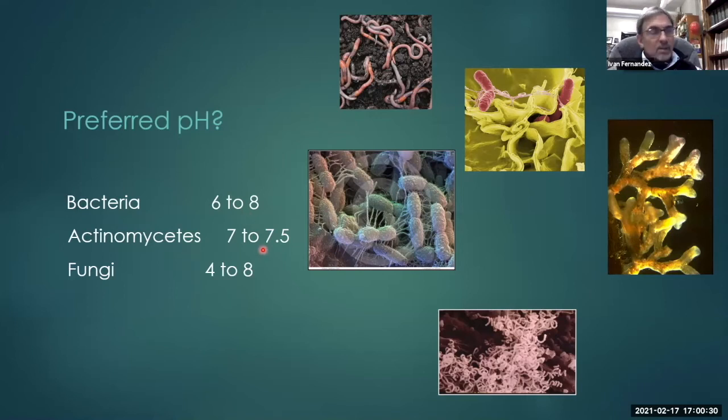Actinomycetes are a secondary player. The real competitor here is fungi. Fungi can't compete with bacteria at circumneutral pH, so ag soils are going to be dominated by bacteria. But as pH starts to decline, as you get below pH 6, all those biologically driven mechanisms slow down, because now you're more and more depending on fungi to do the heavy lifting.